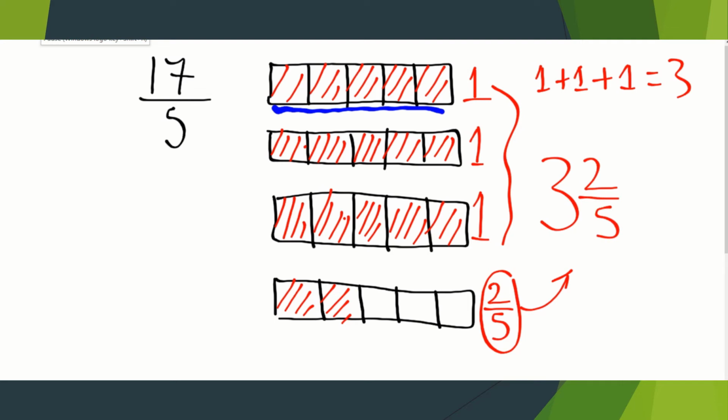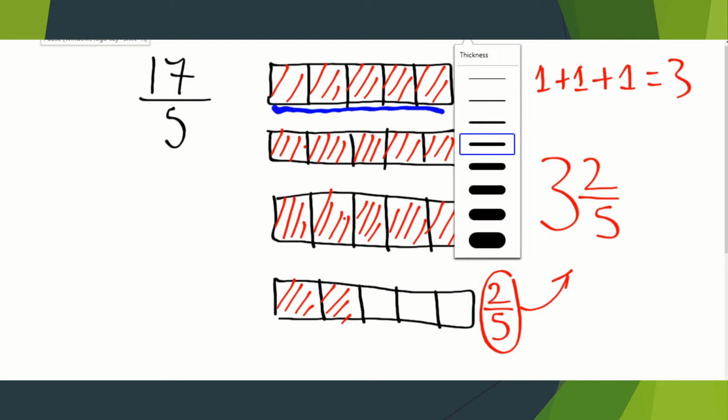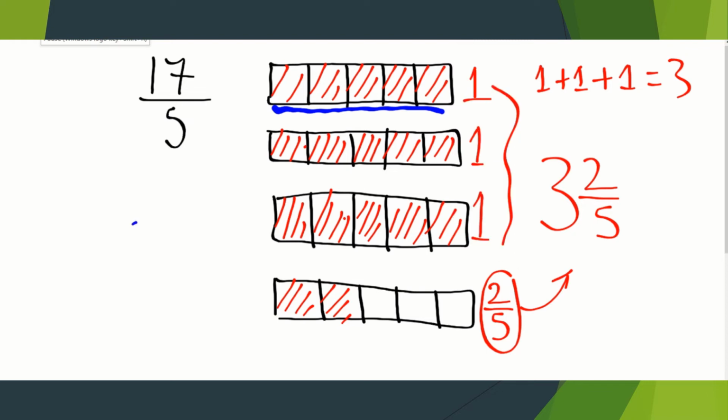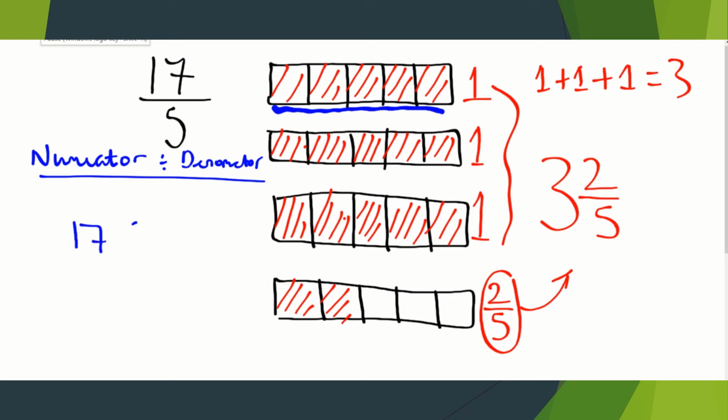There's another way we could work this out though. We could use an abstract model. Our abstract model looks like this. We take our numerator and we divide it by the denominator. So in this example, our numerator is 17 divided by 5.